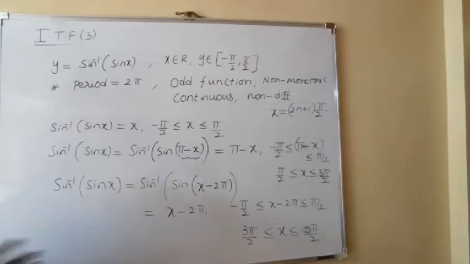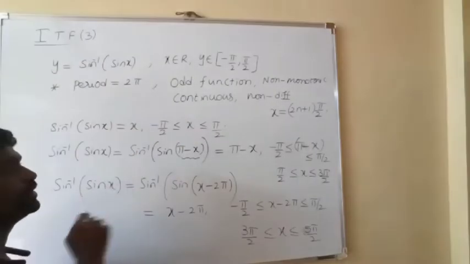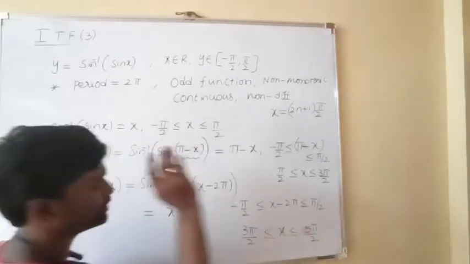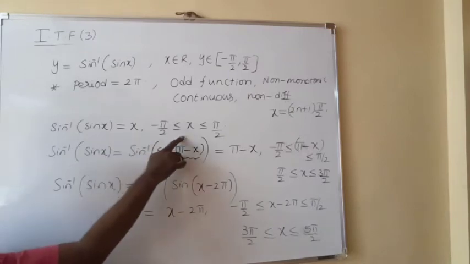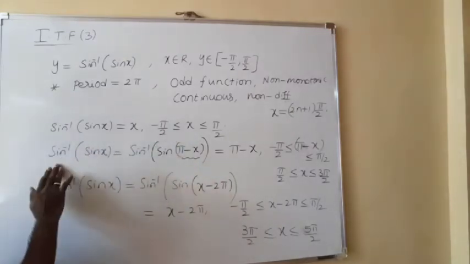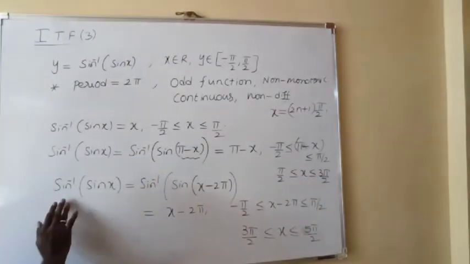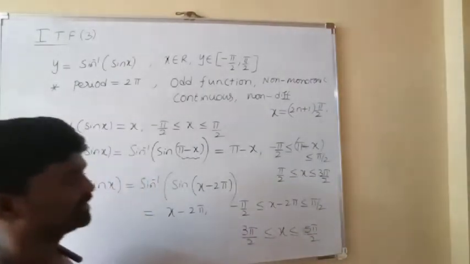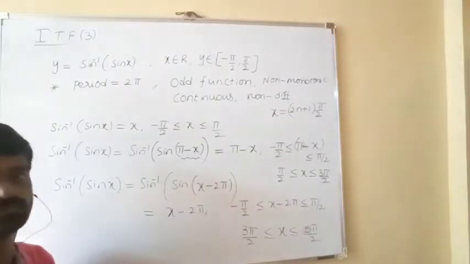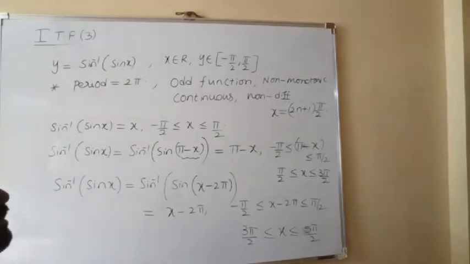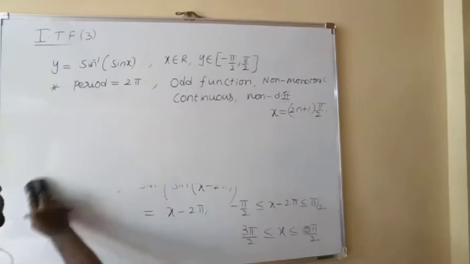So that means we got three branches. 0 to 2 pi, we need to draw the graph 0 to 2 pi only, but we got minus pi by 2 to 5 pi by 2, three branches. So sin inverse of sin x value is x when x is lying between minus 90 to plus 90. Sin inverse of sin x is pi minus x when x is lying between 90 to 270. Sin inverse of sin x is x minus 2 pi when x is lying between 270 to 360 plus 90, 450. Okay. So thus I am going to write these branches.